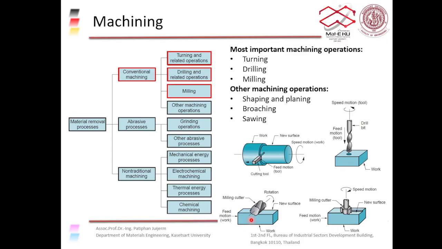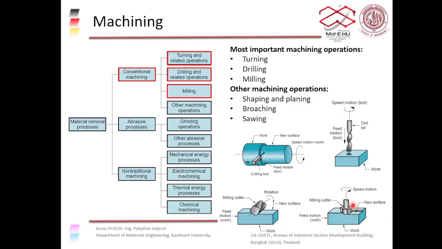So the main difference between turning and milling is that for turning, the workpiece is rotated, and the tool stays relatively still. But for milling, the workpiece stays relatively still, and the tool is rotated. So those are the main differences between turning and milling.